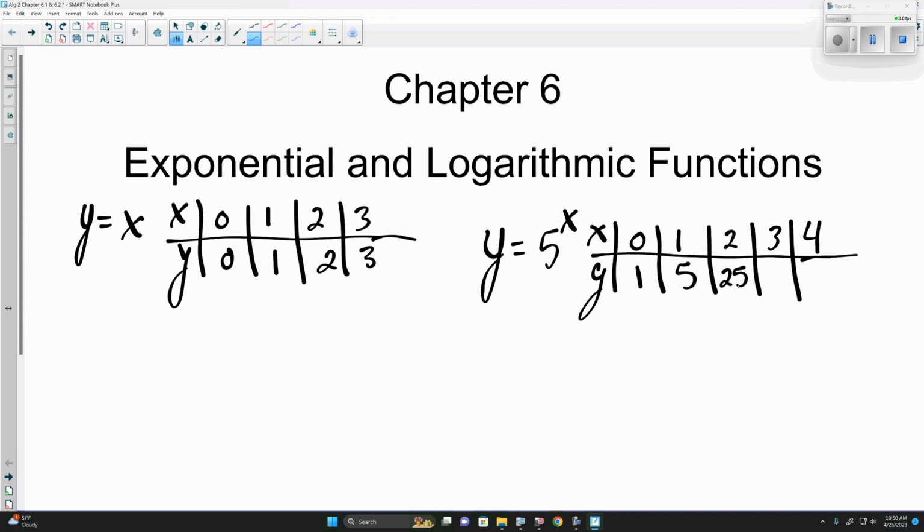Well, that's increased a lot faster because we've increased by 4, now we've increased by 20. If we plug 3 in, we get 125. Well, we've now increased by 100. If we plug 4 in, we get 625. We've now increased by 500. And as we look at this here, the y values are increasing faster and faster, even though the x values are only increasing by 1.